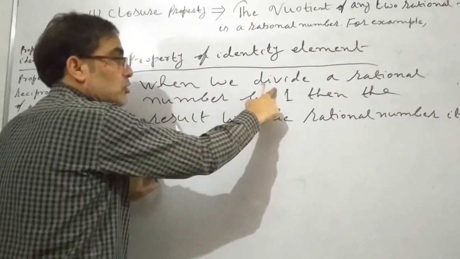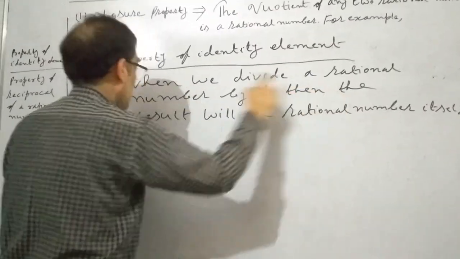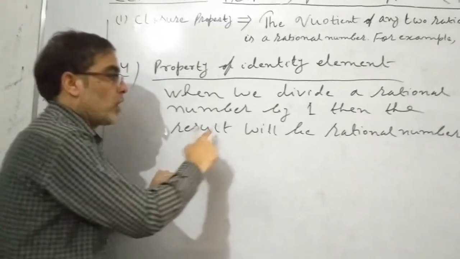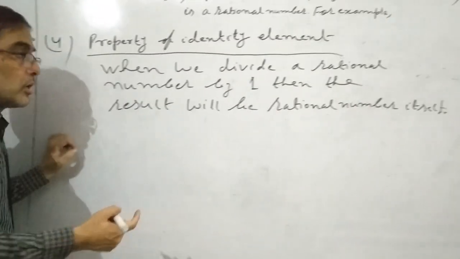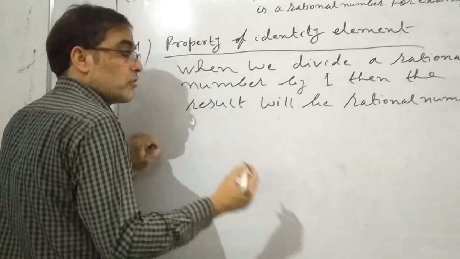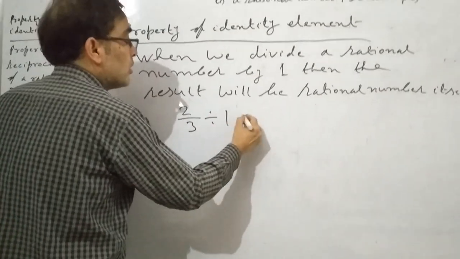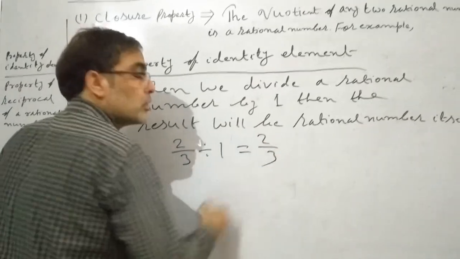When we divide a rational number by 1, then the result, result means quotient, will be the rational number itself. Here is an example: when we divide 2 by 3 by 1, then the result will be 2 by 3.